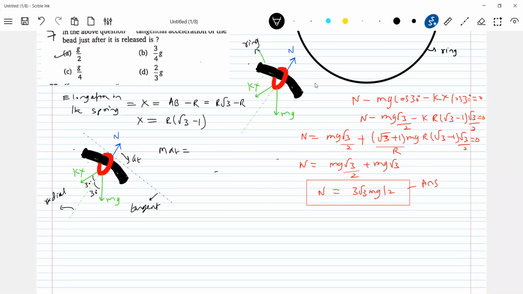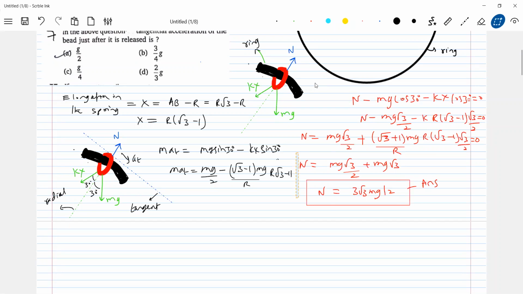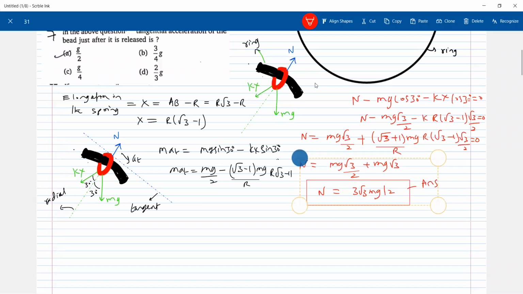Now, what is the tangential acceleration? mAT should be equal to the forces acting: mg sin 30 minus kx sin 30. K is equal to what? Root 3 minus... mg by R. R into root 3 minus 1. Let me push it towards the right.